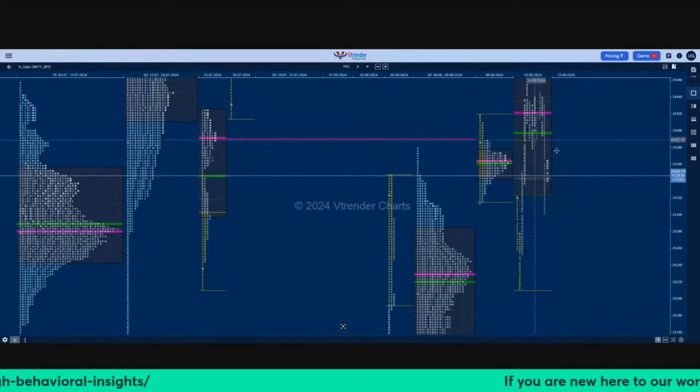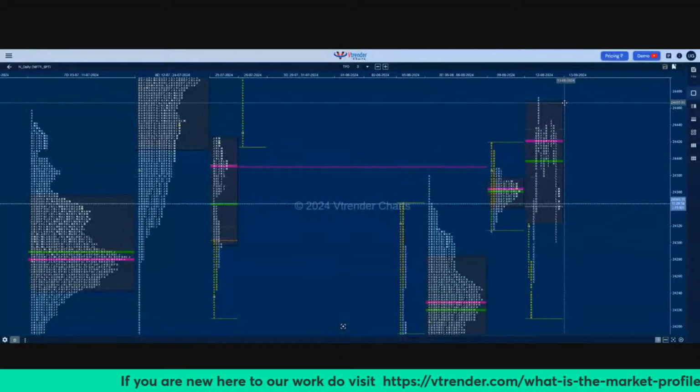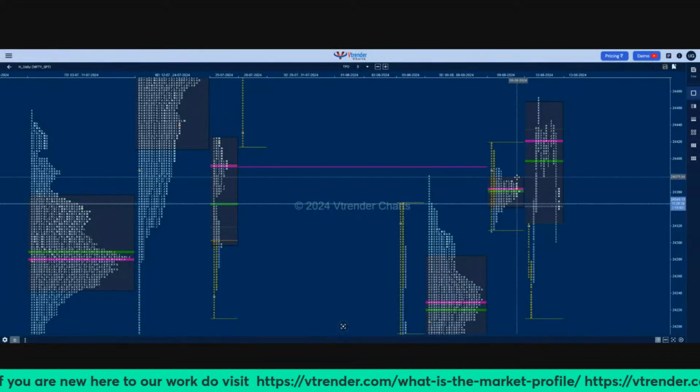In case we are able to, why is this the scene of crime? Because this was holding the upside, and as long as this was holding, we were looking for Nifty to probe higher, and this was also right near the value area high of previous session.